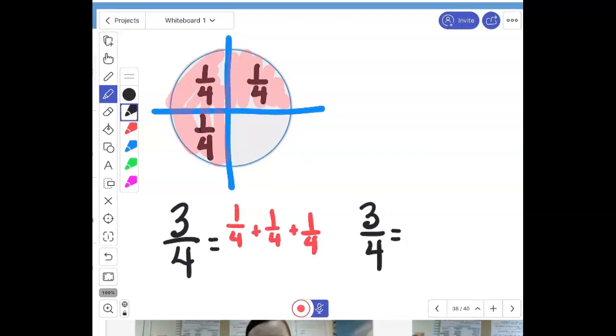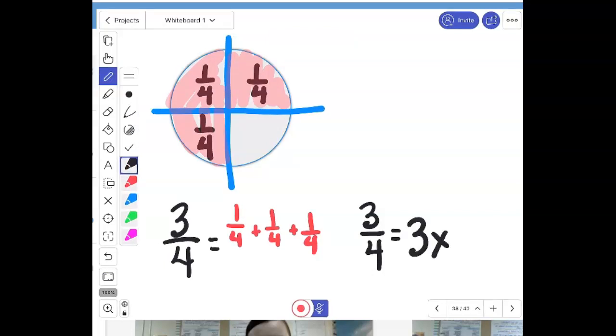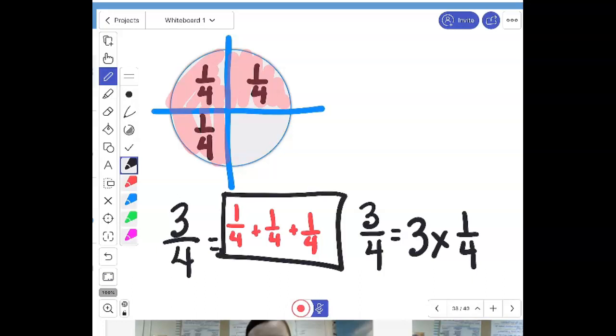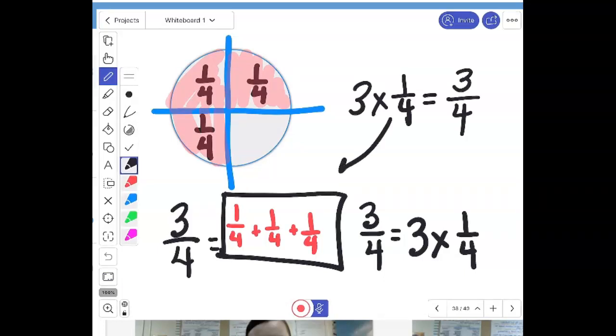That's basically the exact same thing as 3 times 1/4, because I have 1/4 3 times. When you were in 3rd grade, you learned that multiplication is just repeated addition. So if I have 3 times 1/4, that's the exact same thing as 3/4, because that means 1/4 3 times.